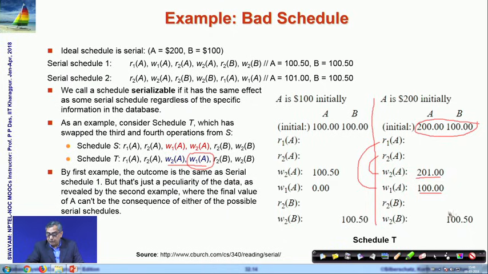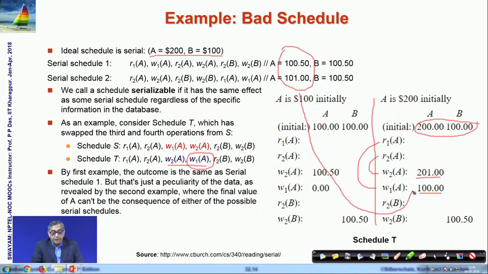B certainly does not change. If you look into that, you can see that A has a value of 100. If you look back, 200 and 100 are the values that we had assumed here, and you can see that in neither of the serial schedules can A have a value of $100 as we have found here.